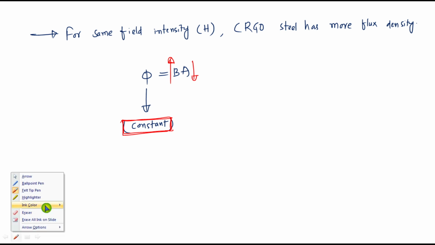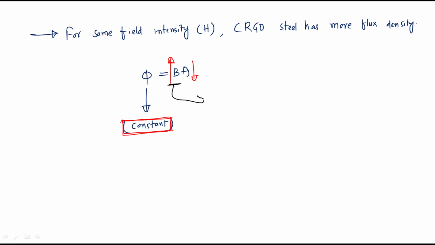The area required is very little. Always what is required is more flux density. So by using CRGO steel, the size and weight of the transformer can be decreased more.